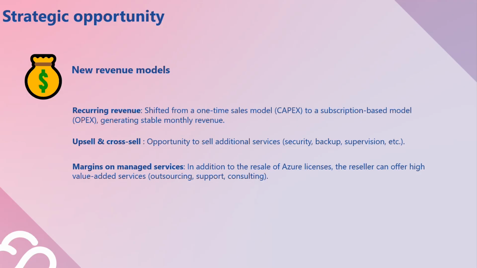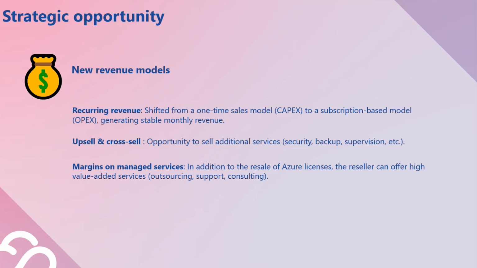First and foremost, new revenue models. Recurring revenue: shifting from the one-time sale model with CAPEX to the subscription-based model, OPEX, generating stable monthly revenue.